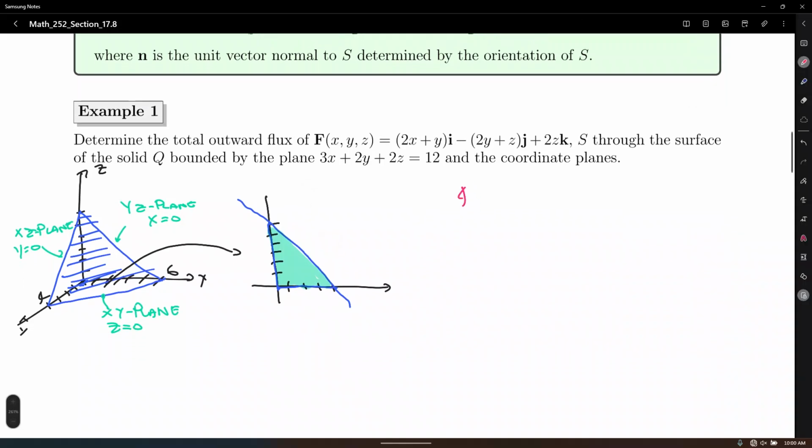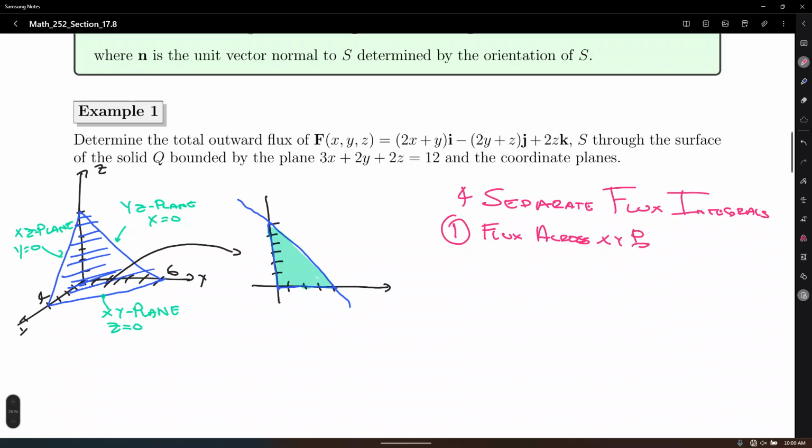That means we would need 4 separate flux integrals. That means 1, the flux across, oh wait, not the XY plane.